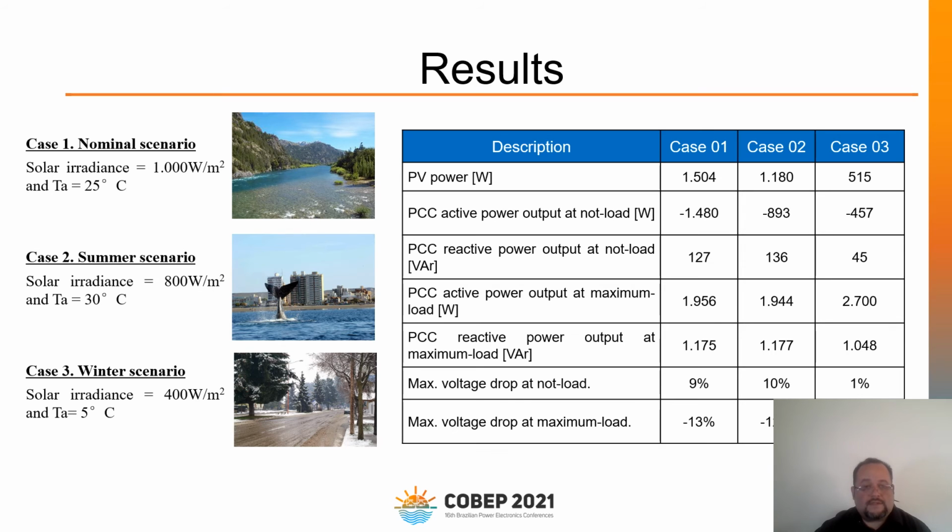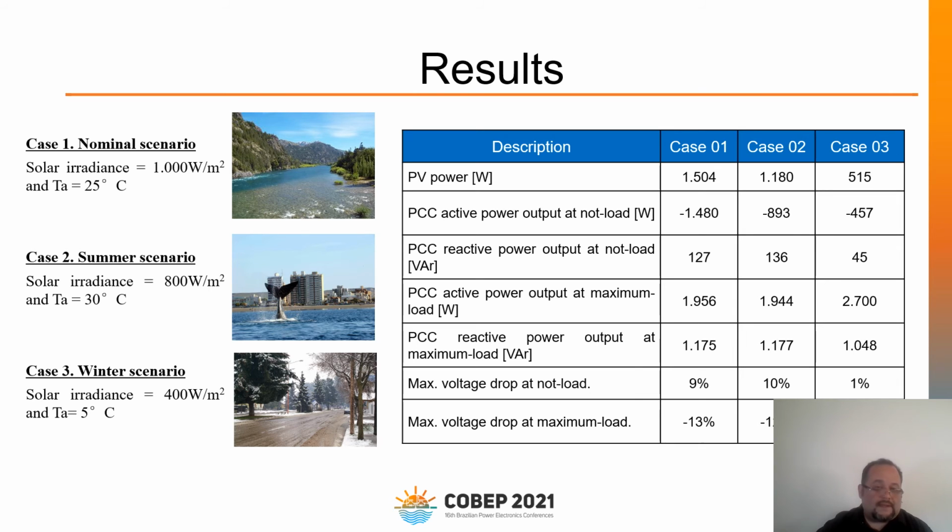Case 2 is a summer scenario. In this case, the solar irradiance is equal to 800 watts per square meter and ambient temperature equal to 30 degrees Celsius.